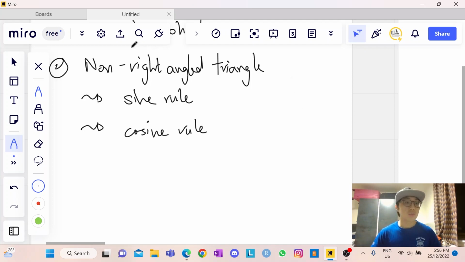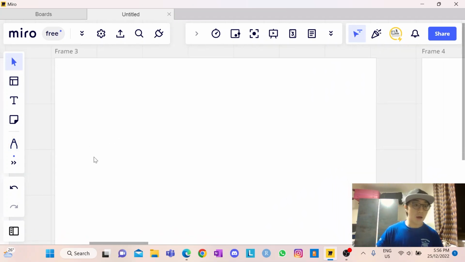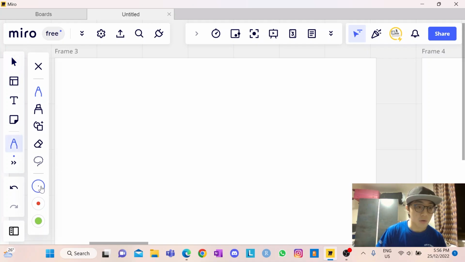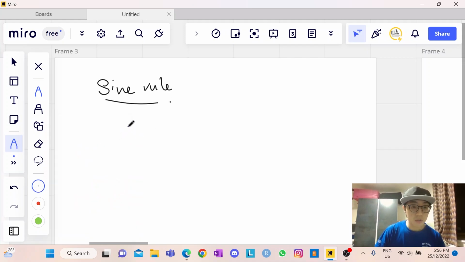So we are going to move on to what the sine rule is. If I draw a triangle right here, obviously it's not a right angled triangle.